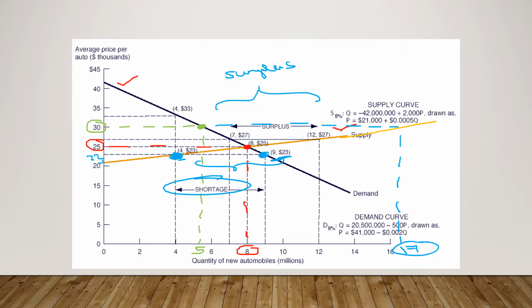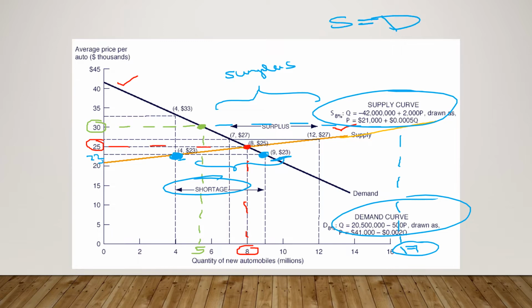Okay, now you see here that there are functions. Okay, this function and this function. If you have seen the refresher video, you know that you can use the functions to find the equilibrium price and quantity. So you just basically have to equate the supply function to your demand function.